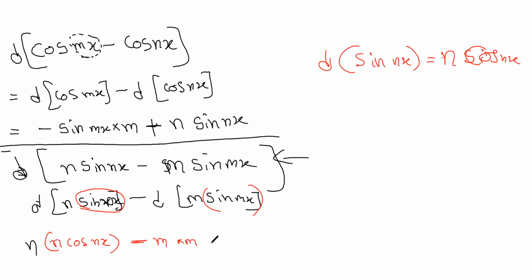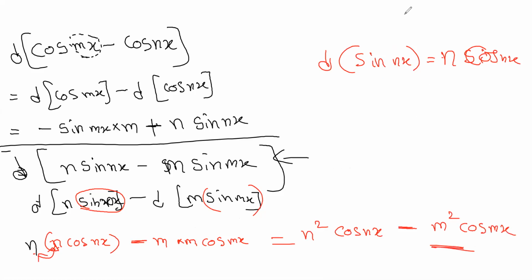So m into m cos mx. So the total, what does it become? n square. Now it is n into n, an input with an input. n and n are two different things. So n square cos nx minus m square cos mx.